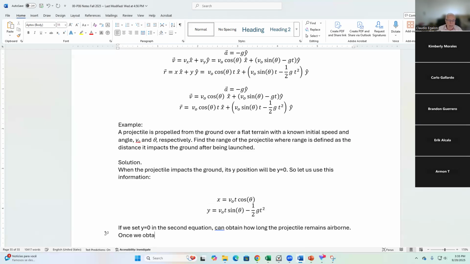Once we obtain this amount of time, we can plug this value in the equation for x to obtain the range of the projectile.